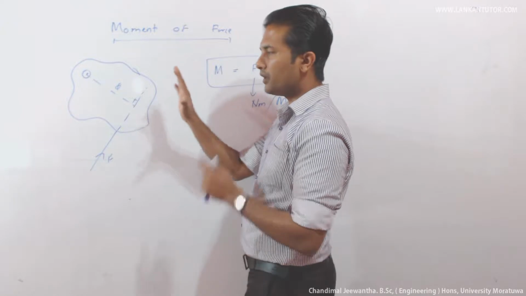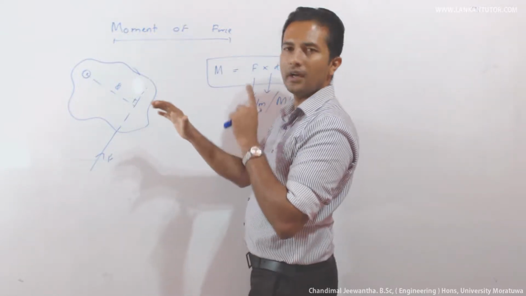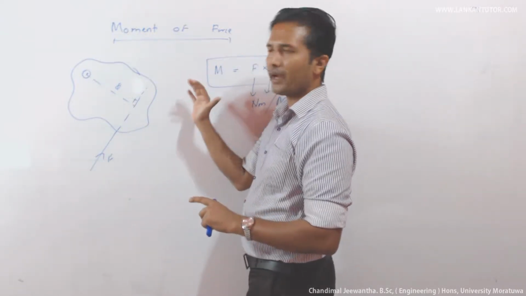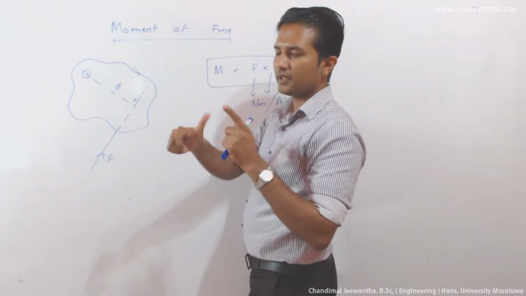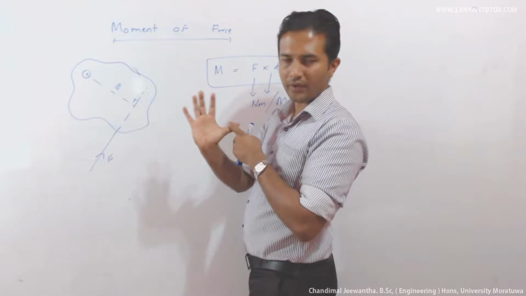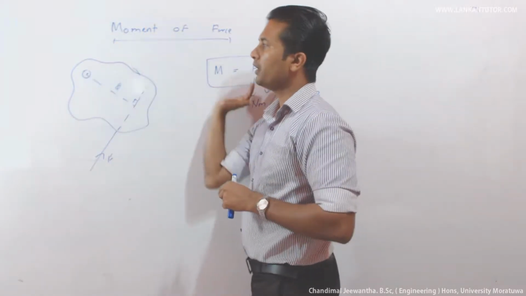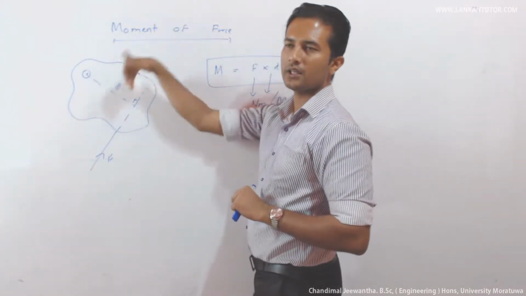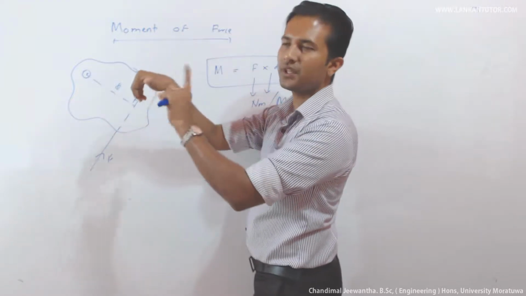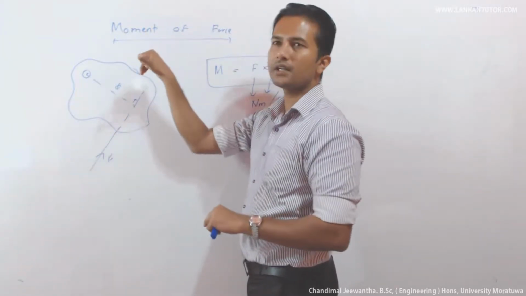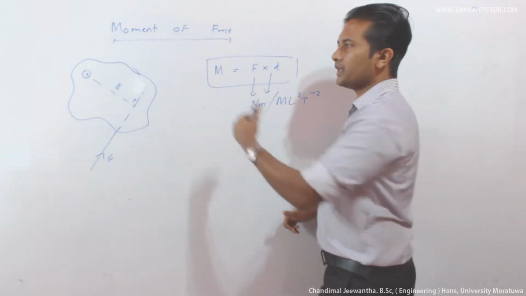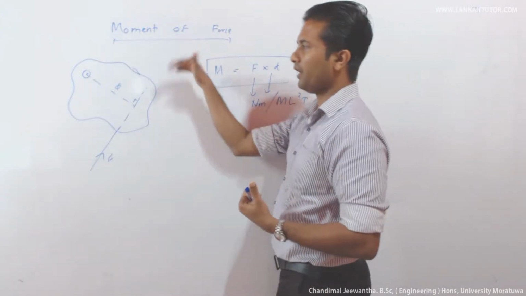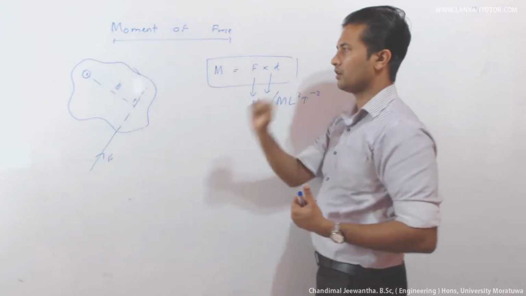Then, in order to get the exact direction of the moment, use your right hand, and the four fingers without the thumb should be towards the rotating direction. The direction of the thumb gives you the direction of the moment. So that is away from the board. Okay?